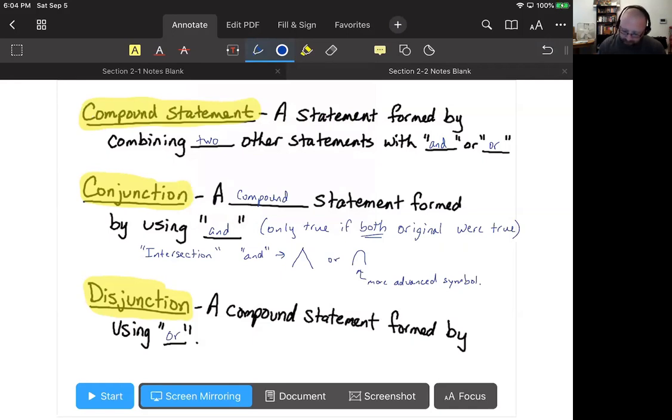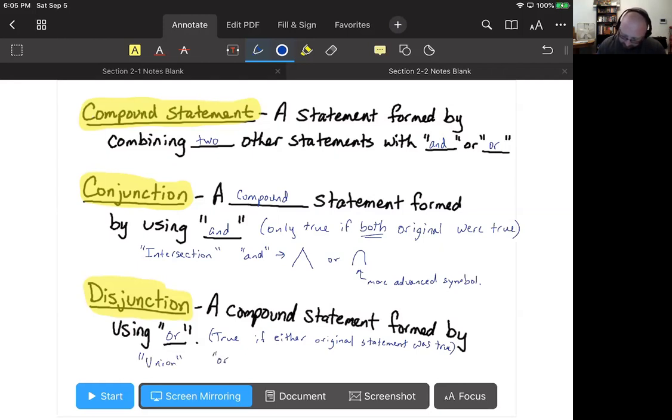Once again, in this case, this is true if either original statement was true. Only one of them has to be true for a disjunction to be true. This is also known as a union.